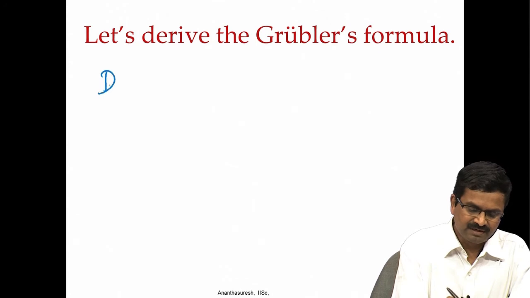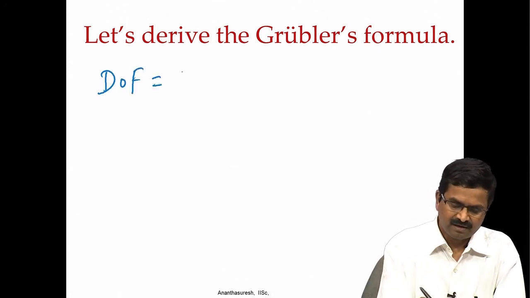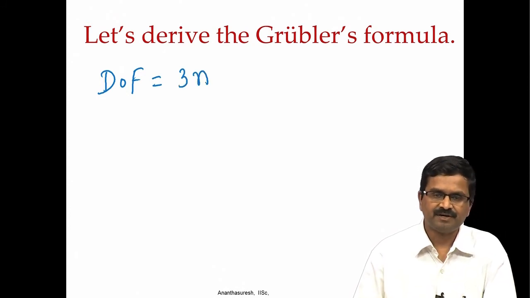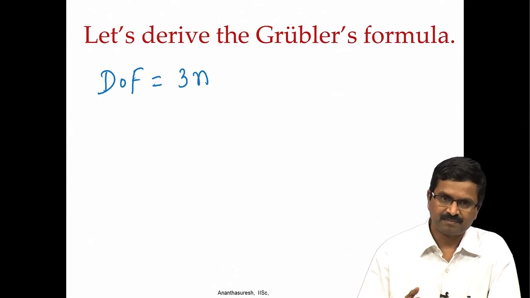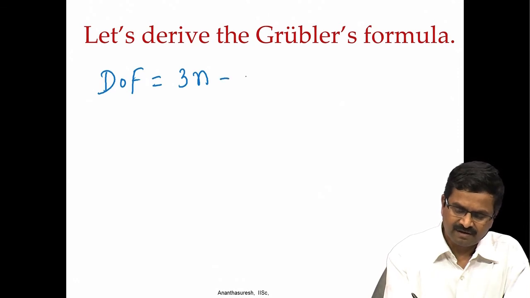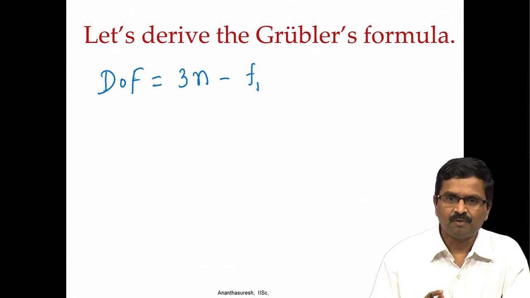So, if I talk about degrees of freedom, let us say we take 2-dimensional case. If there are n bodies, I will have 3n degrees of freedom, because every body in a plane will have 3 degrees of freedom, 2 translations and 1 rotation. Now, if there are F1 joints, that is joints that allow only one relative motion, that means that they are removing 2.